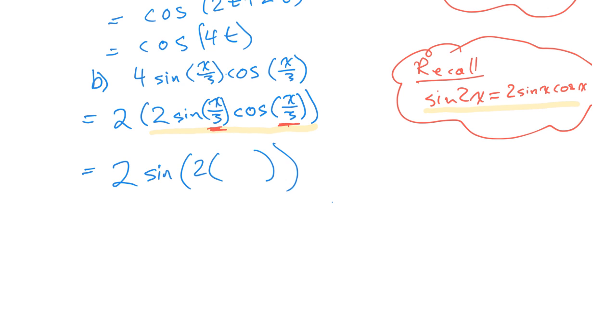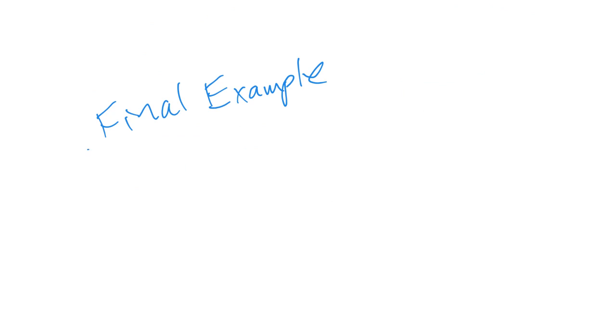So it's this and this. We write x over 3 in our bracket, which gives us 2 times sine of 2x over 3. And we're done.